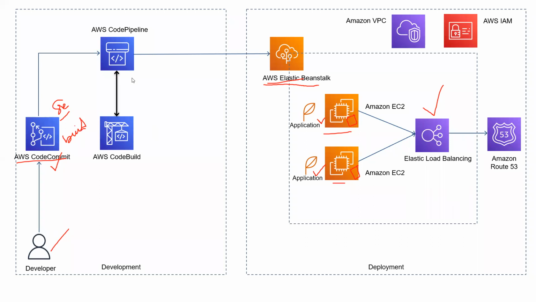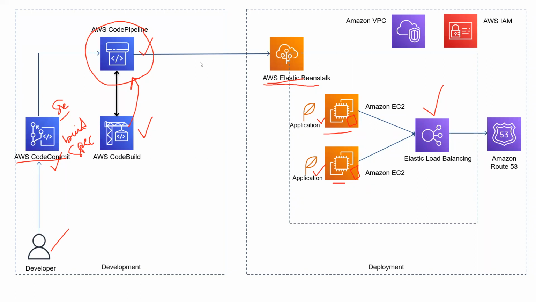So now what we are awaiting, participants, is to go ahead and connect all these stages with a pipeline. So I want to use CodePipeline to connect all these stages. Go ahead and pick the pipeline service.